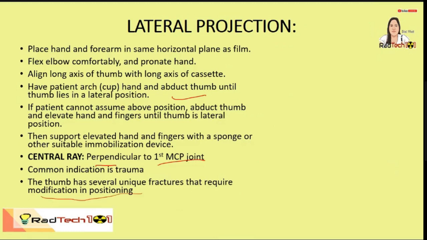So, kaya hindi nasali yung first digit dun sa na-explain natin kanina. So, yung first na group is second, third, fourth, and fifth digit. And then, meron talagang sariling projections para naman kay thumb.